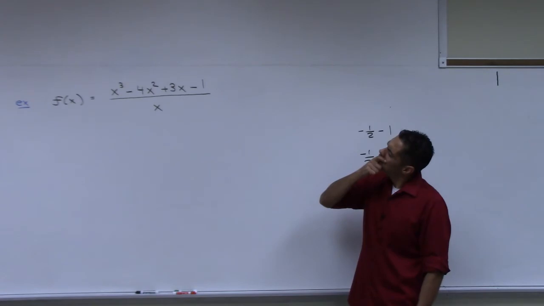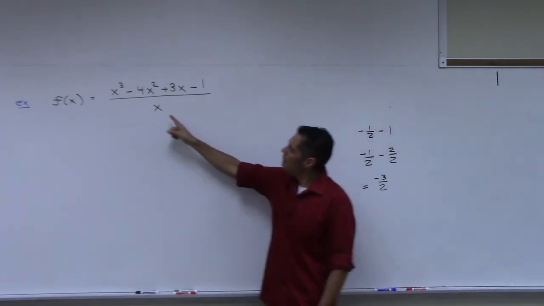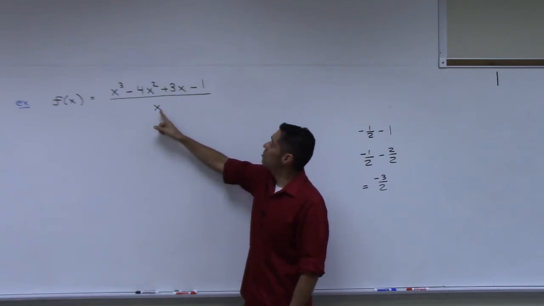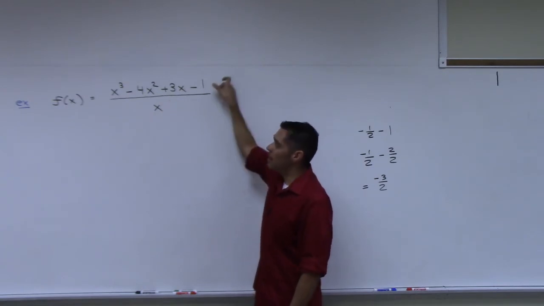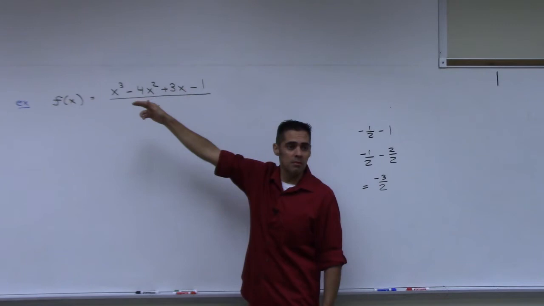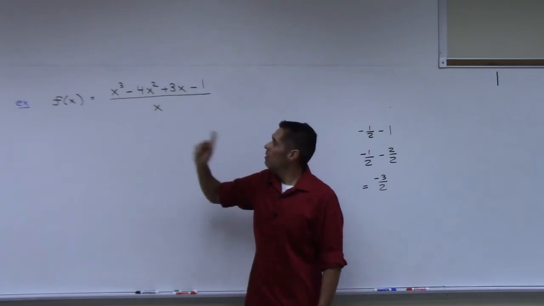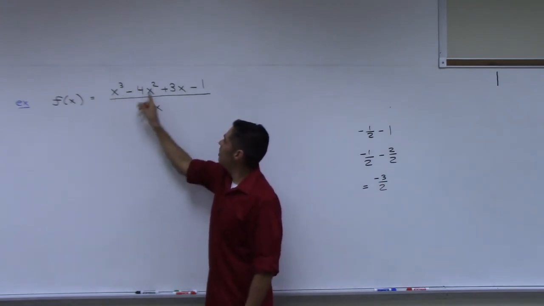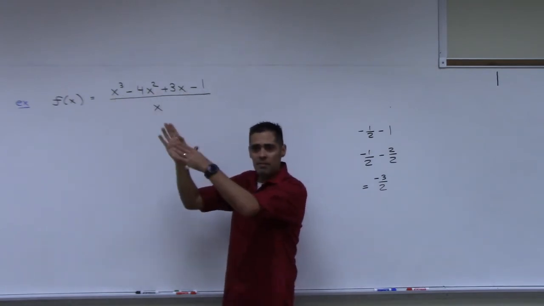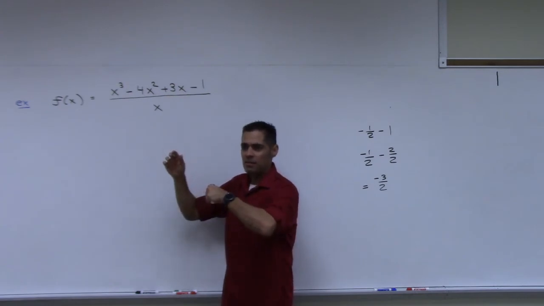Or bring the bottom to x and turn it to x to the power of -1 and distribute it through. Oh, okay, so you could turn this into x to the -1, bring it up, and multiply it through? Yes, that would work algebraically. Or you could just put x under each individual one. Oh, so you could put an x under here, an x under here, an x under here, so split it up? I think that's what you're getting at, right?